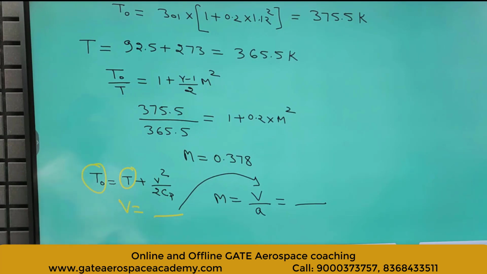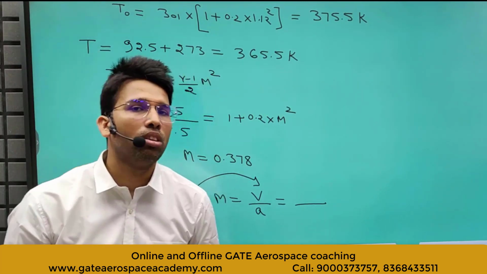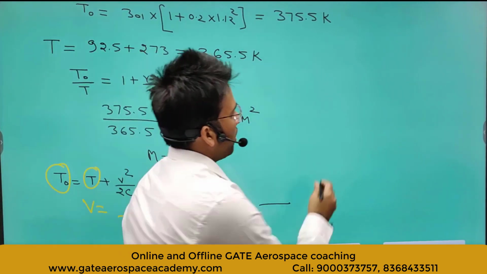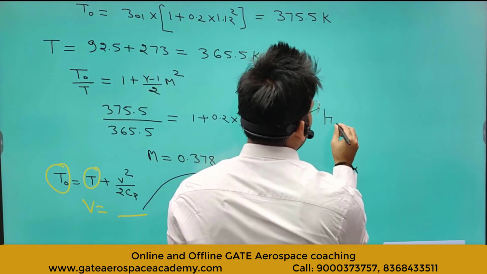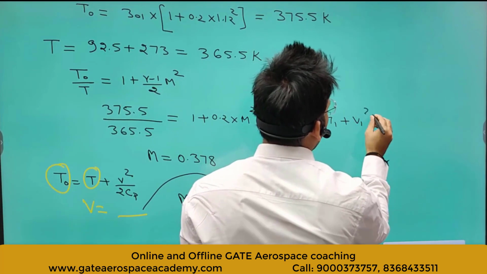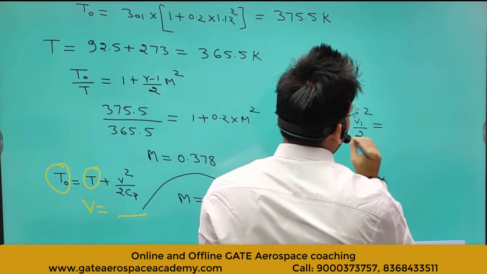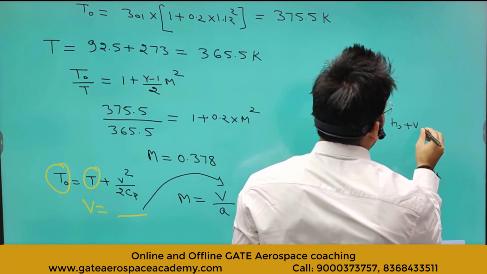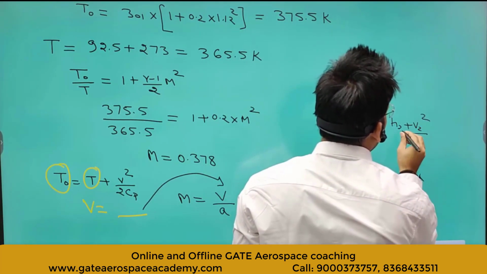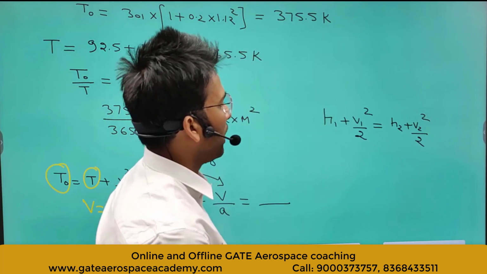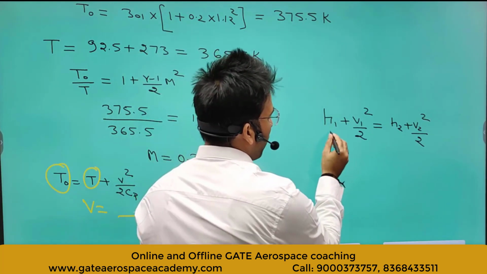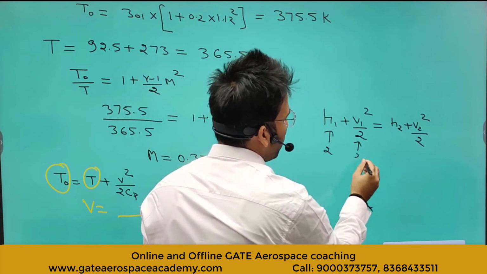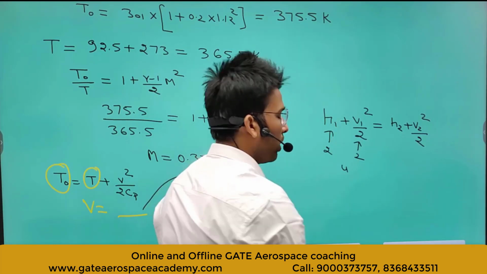So what is happening here? Why does stagnation temperature remain constant? This concept we already discussed in the lecture, right? Using the energy equation, that is H1 plus V1 square by 2, and at the two location we apply H2 plus V2 square by 2, right? So let's say initially this was 2 units and this is also 2 units. So total is 4.